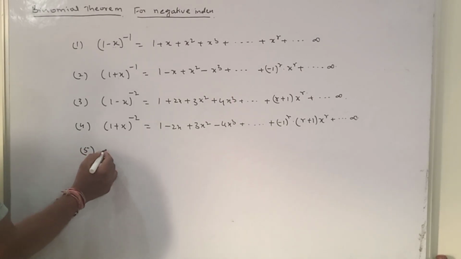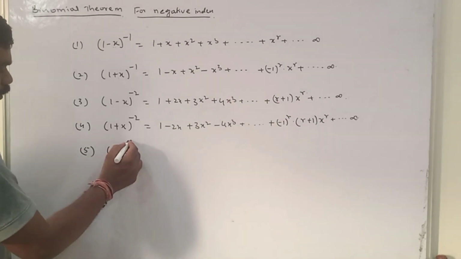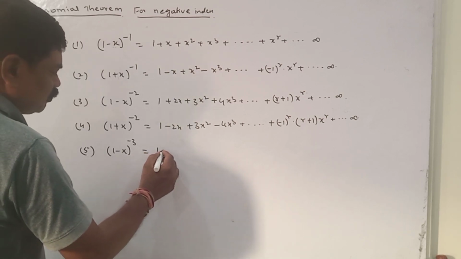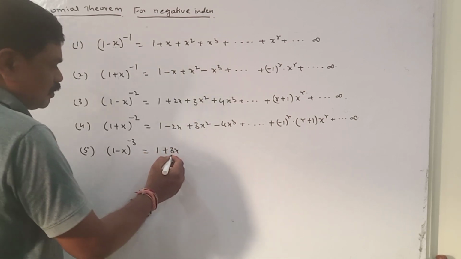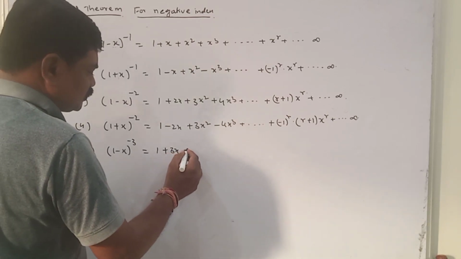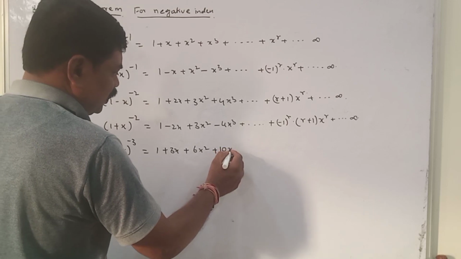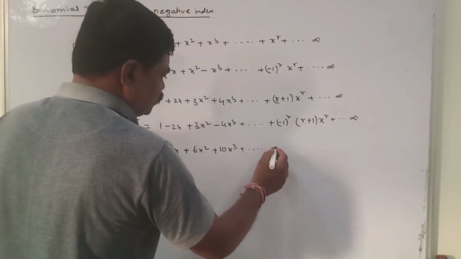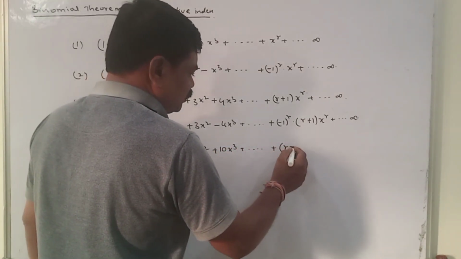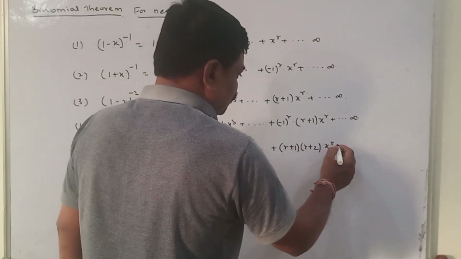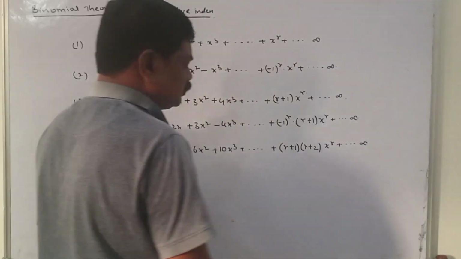Fifth one: (1 minus x) whole power minus 3 equals 1 plus 3x plus 6x square plus 10x cube plus so on plus (r plus 1)(r plus 2)/2 x power r plus so on up to infinity.